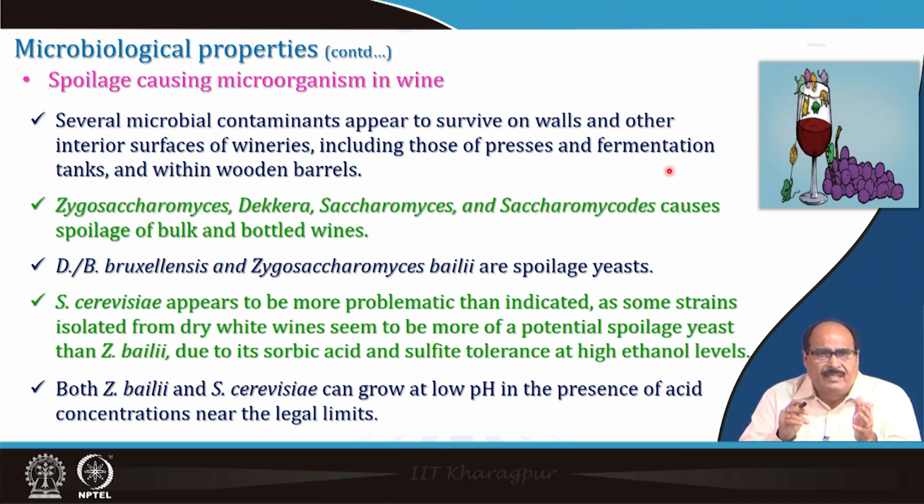So various yeasts like Dekkera, Saccharomyces, etc., cause spoilage of the bulk, where Saccharomyces cerevisiae appears to be more problematic, as some strains isolated from dry white wines seem to be more of a potential spoilage yeast. Both Z. bailii and S. cerevisiae can grow at low pH in the presence of acid concentrations near the legal limits.